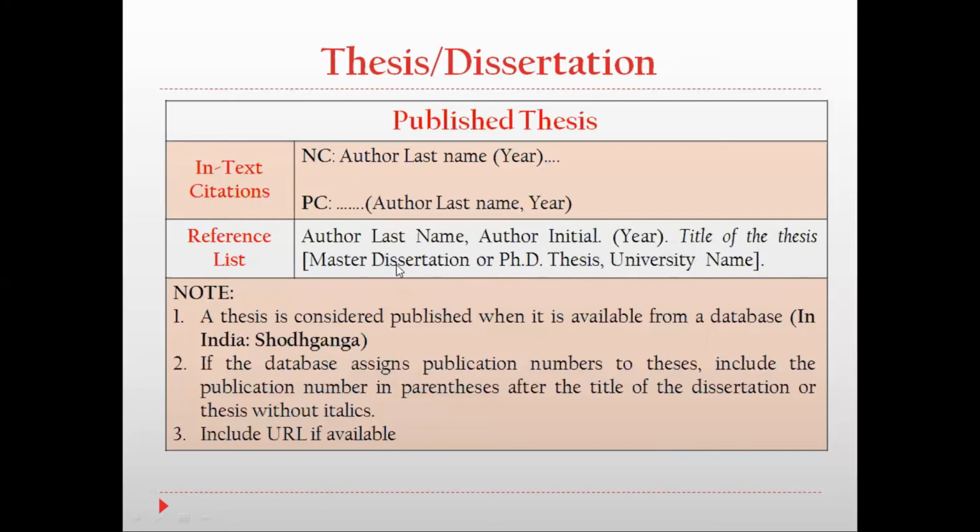Let's say it is a PhD thesis: you write PhD thesis, comma, and the name of the university from where the thesis was published. Just remember, a thesis is considered to be published when it is available from a database. For example, in India, it's from Shodhganga, where you'll find your thesis available online.